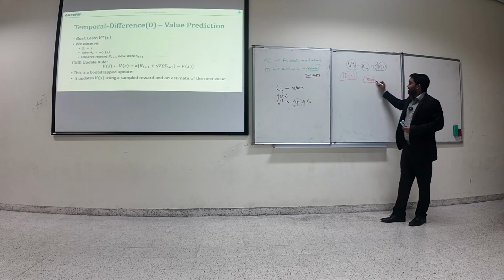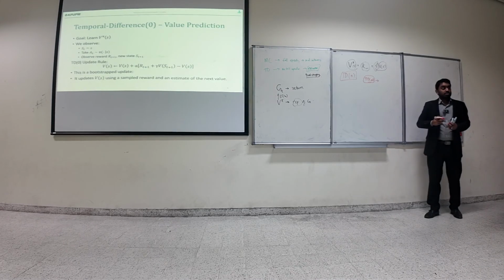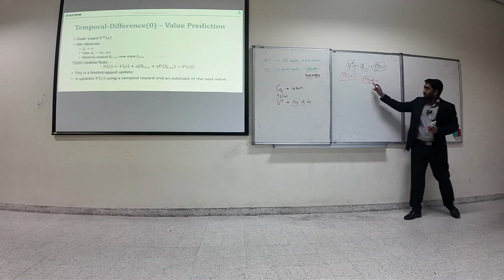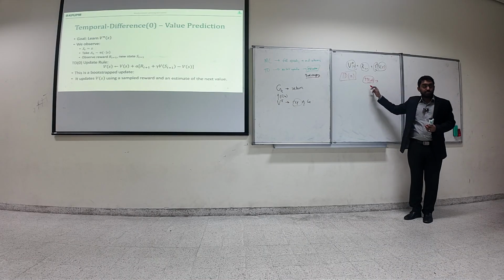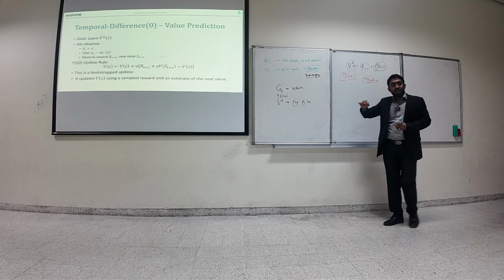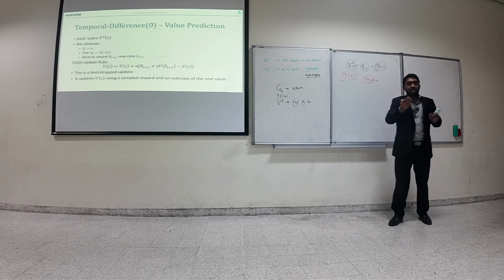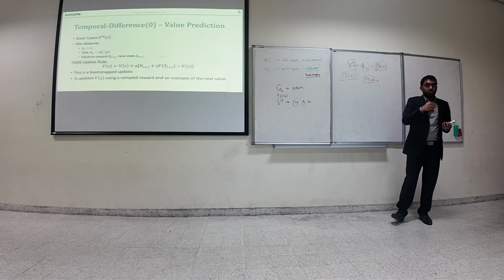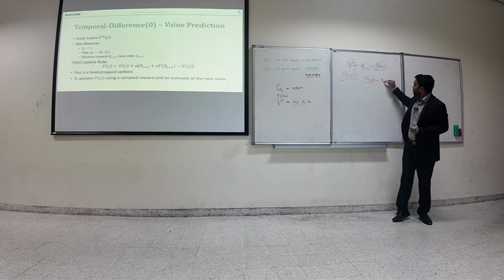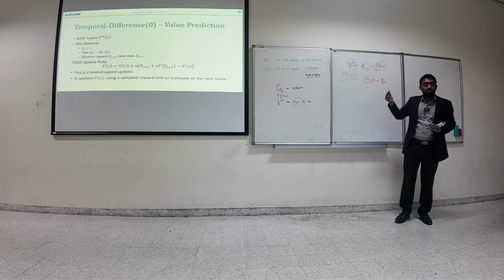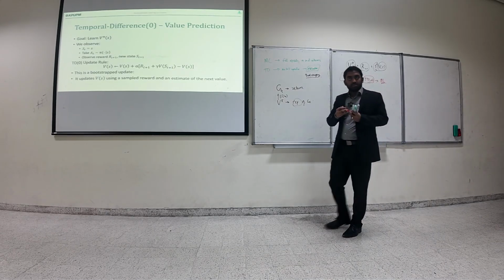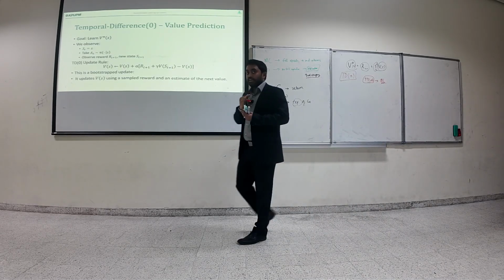Can anyone tell me what TD infinity is? True value. Therefore, if you have a temporal difference situation where you have infinite steps, that equalizes to Monte Carlo. Because what was Monte Carlo? Where you're getting the true value. Right? Clear on this?